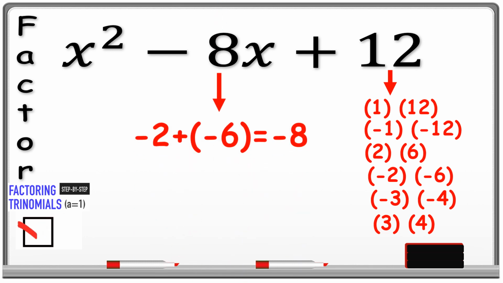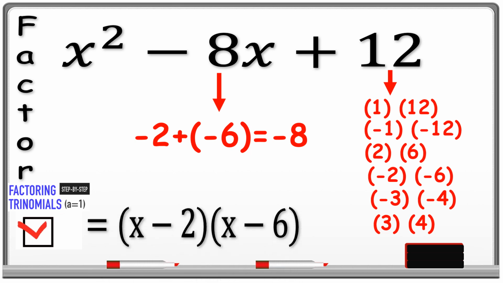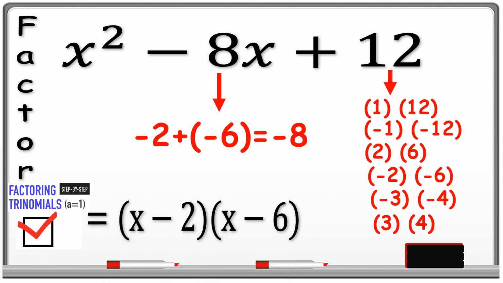So, that is negative 2 plus negative 6, which is equivalent to negative 8, diba? Adding integers with the same sign: add and keep the sign. Different signs: subtract and use the sign of the bigger number, then you'll be exact. So that's why negative 2 plus negative 6 will give you negative 8. Therefore, the factors of x squared minus 8x plus 12 are quantity x minus 2 and quantity x minus 6.